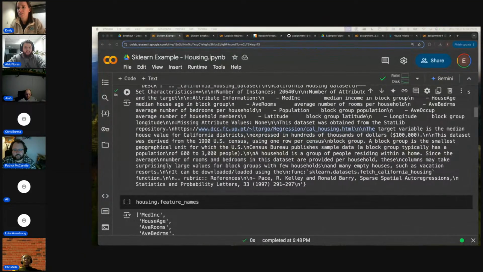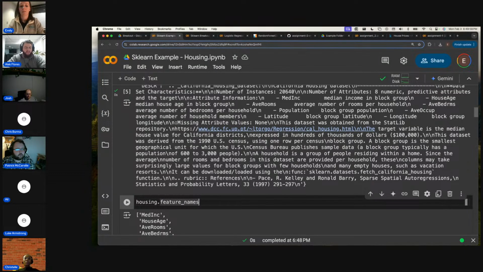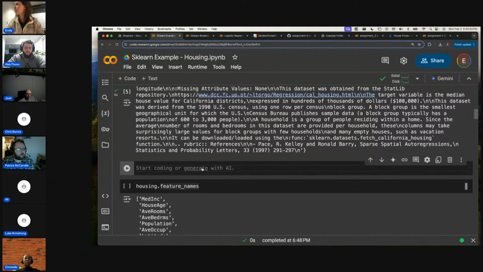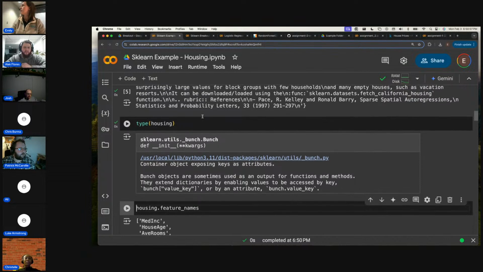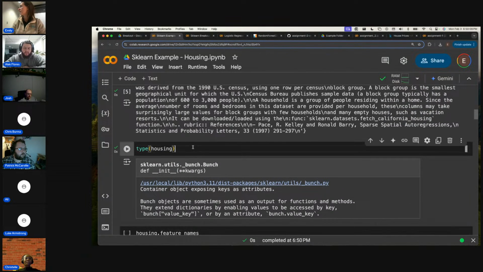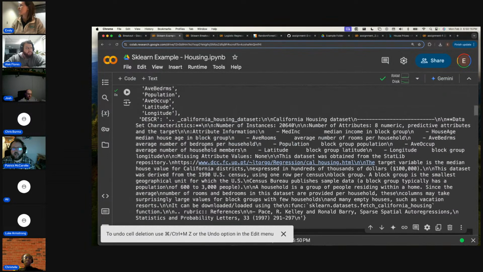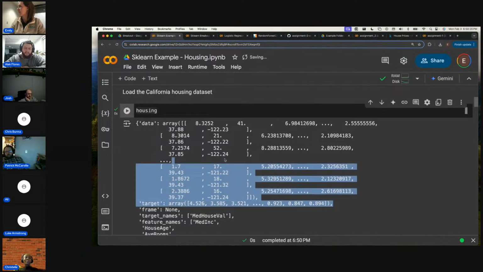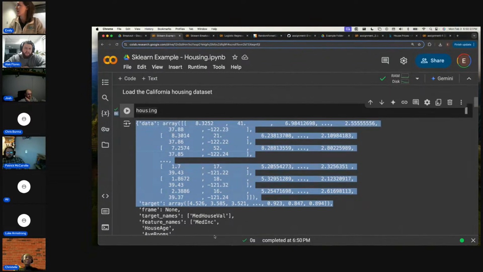All right, let's see. We can probably find out if we do a type on housing. We run type housing. Oh, it's going to give you a complicated answer. But this looks to us like a dictionary. So the key value pairs, it looks like a dictionary, so we can probably parse this like a dictionary. Here we have data and we have target.